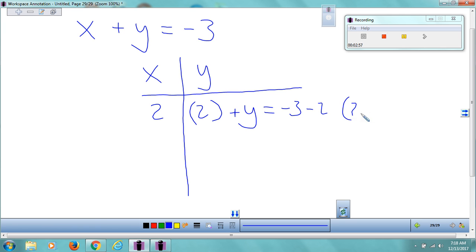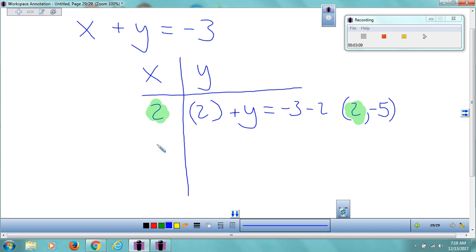Which means when I plug in 2 for x, I get a value of negative 5 for y. So everybody go plot that. That's 2 to the right and 5 down. That should fit on your coordinate plane, and that's what we want to do too. We want to make sure these ordered pairs fit, so we don't have to manipulate the graph.